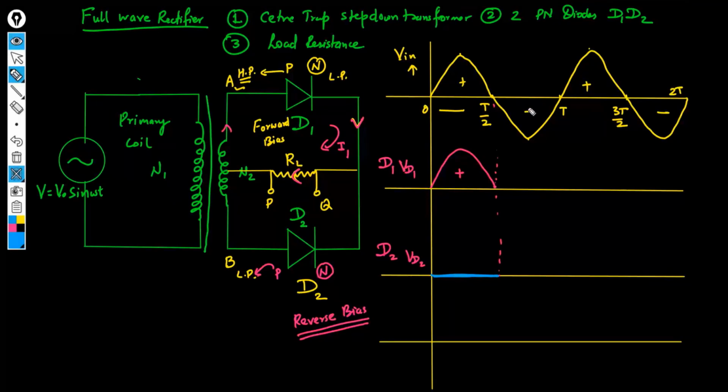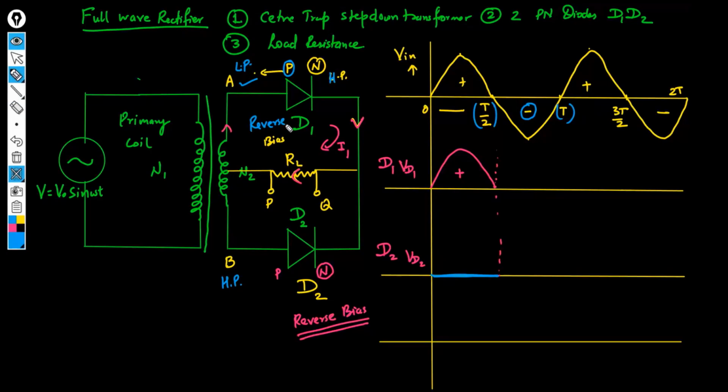Now further, if I talk about the next time interval T by 2 to T, there is negative voltage. Negative voltage means now A will be at lower potential, and B will be at higher potential with respect to A. So for the first diode D1, the P part is connected to lower potential and the N part to higher potential, so D1 is in reverse bias.